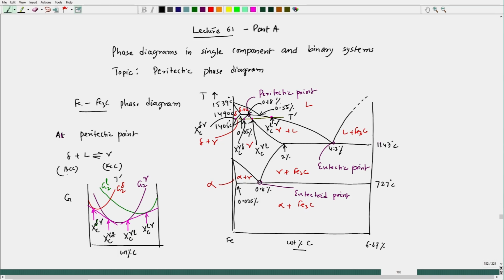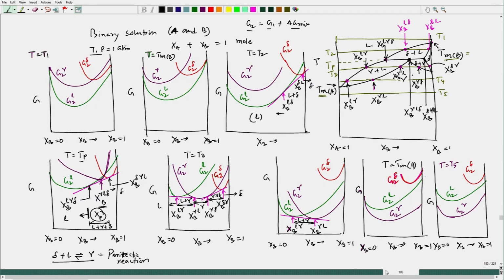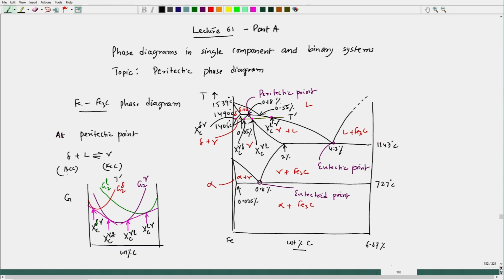The only difference is that in the generalized diagram, we have taken the liquid stability at a lower temperature on the left side, whereas solid stability is higher on the B side. But here the plot pattern is a little different, just opposite.